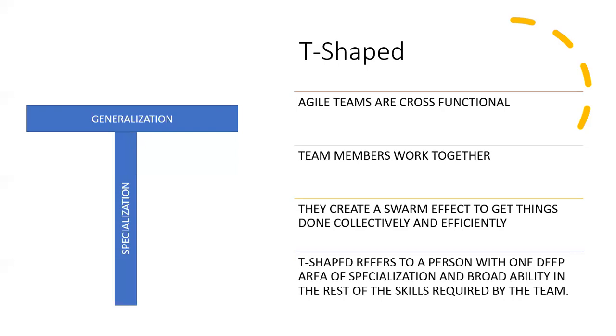So this means team members have both a focused specialty plus a breadth of experience across multiple skills rather than a single specialization. Agile team members work to develop such characteristics due to intense collaboration and self-organization to swarm and get work done quickly, which requires them to routinely help each other.